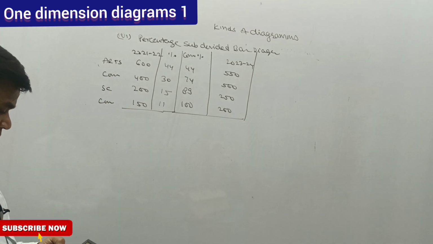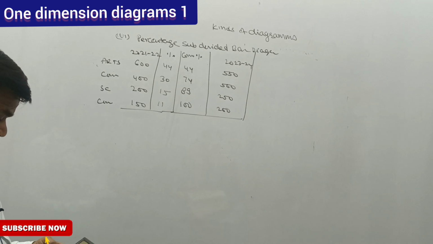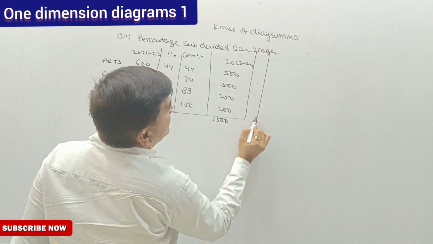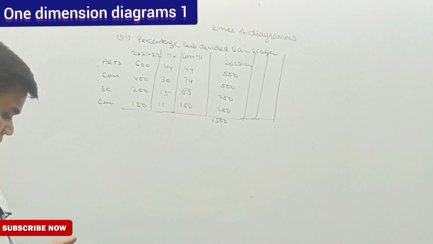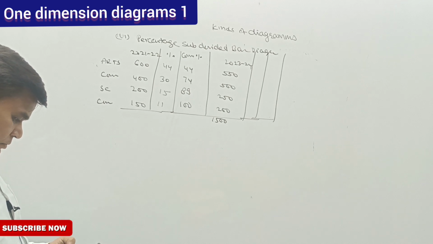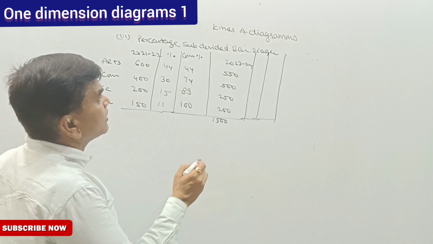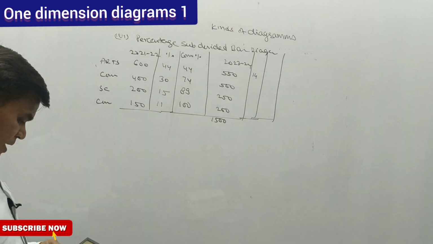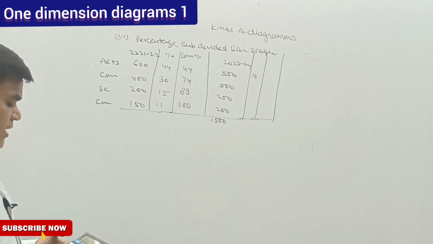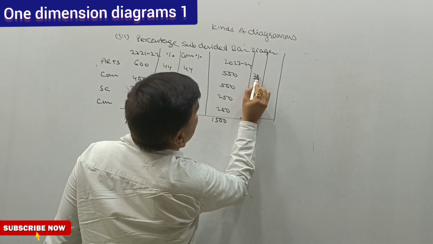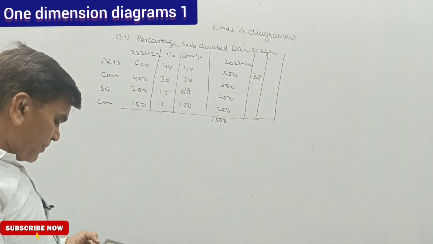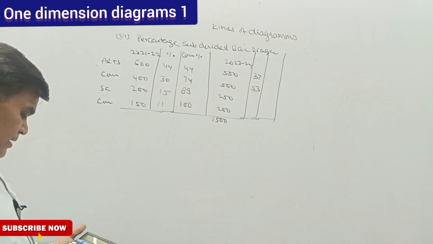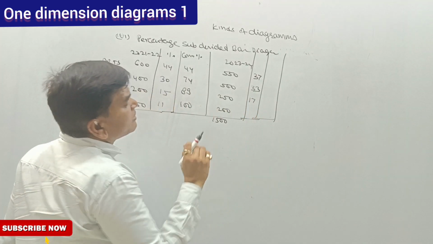Similarly, we will add this: 550, 500, 250, 200. So the total is 1500. 550 divided by 1500 is 36.67, so there may be 37%. 500 divided by 1500 is 33%. 250 divided by this is 16 or 17% approximately.